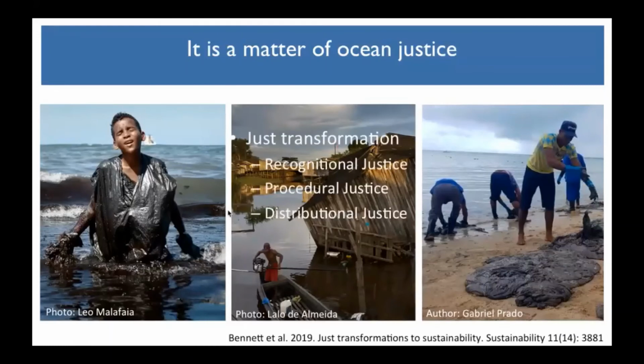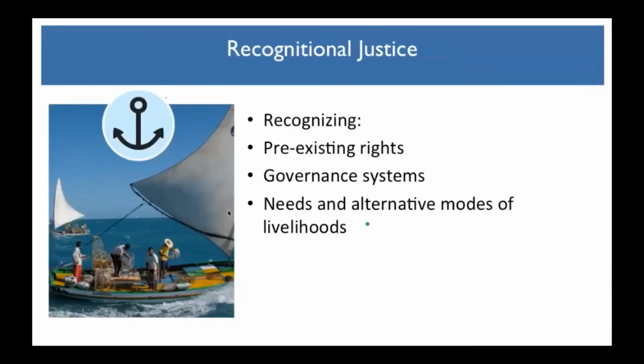So if you want to promote just transformation, and transformation that delivers all the ecological and all the social benefits that we would like to see for the ocean-dependent people, then perhaps it's time for us to talk about 3 types of justice within social justice: recognition, procedural, and distribution.